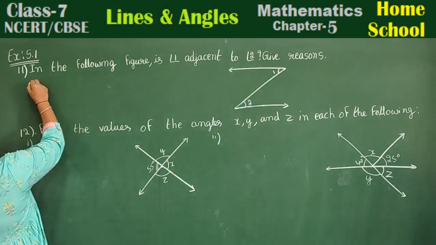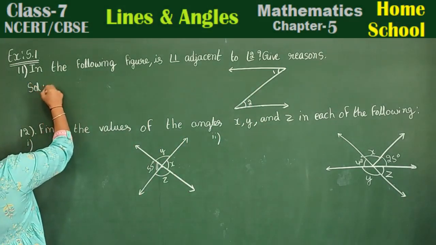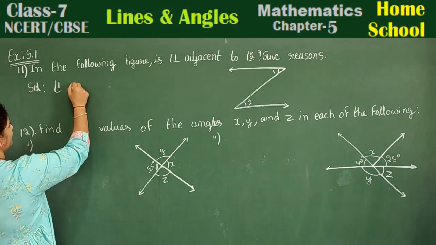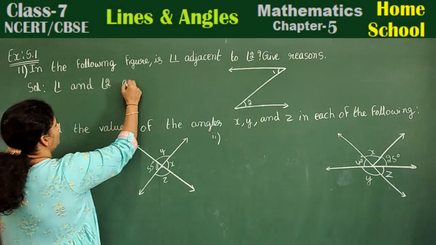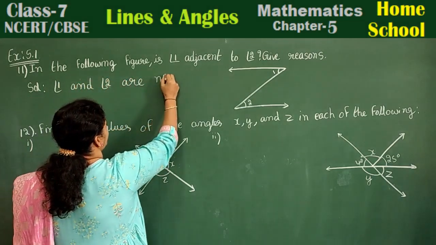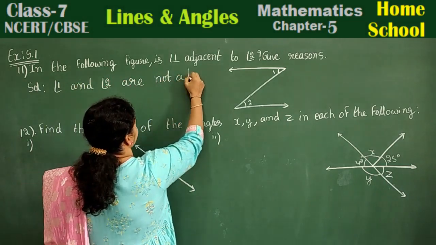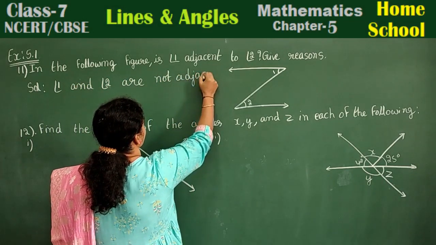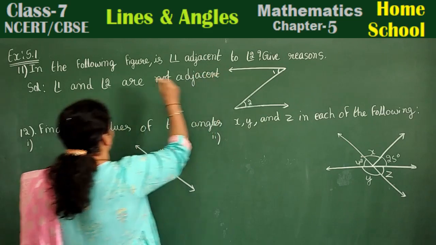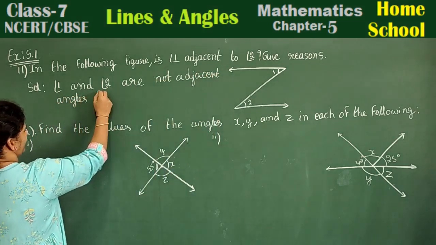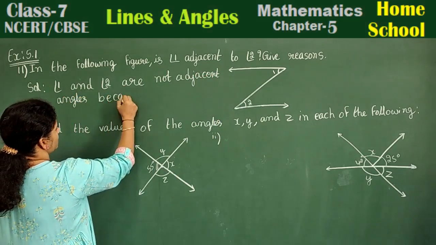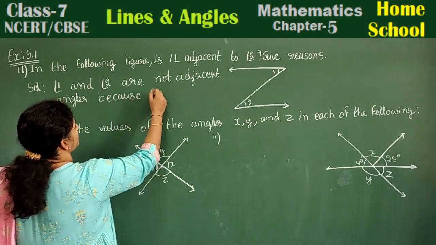We write here solution. Angle 1 and angle 2 are not adjacent angles because, what is the reason we say?